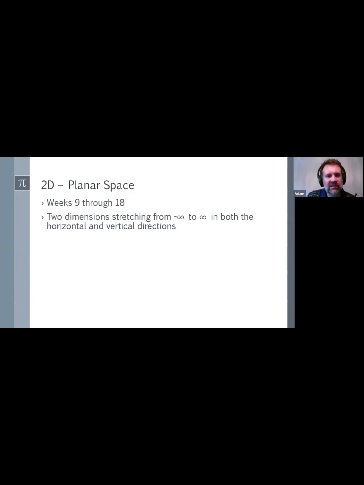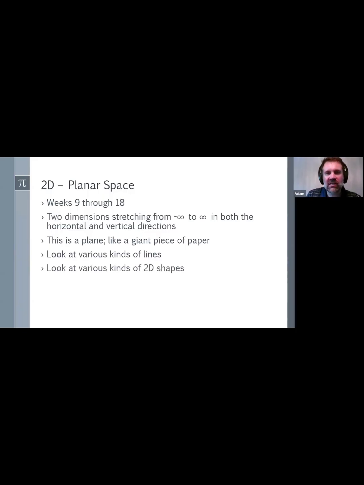So this again is 2 dimensions going both directions infinitely, and creates a big gigantic plane, like a giant big piece of paper that now you're in. You can move about even more, and you can get into functions and other things like that. During these weeks, you're going to look into various kinds of lines. You're going to look at various kinds of 2D shapes, like circles and triangles and squares and so forth.